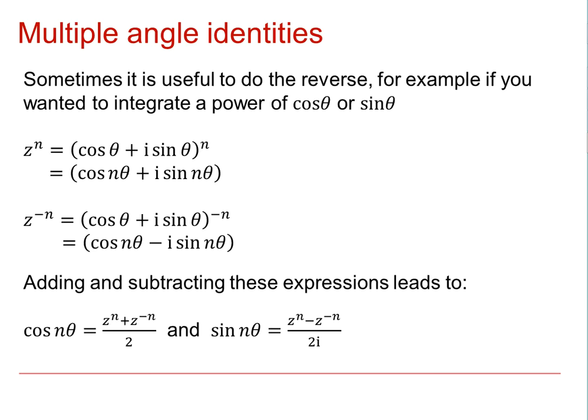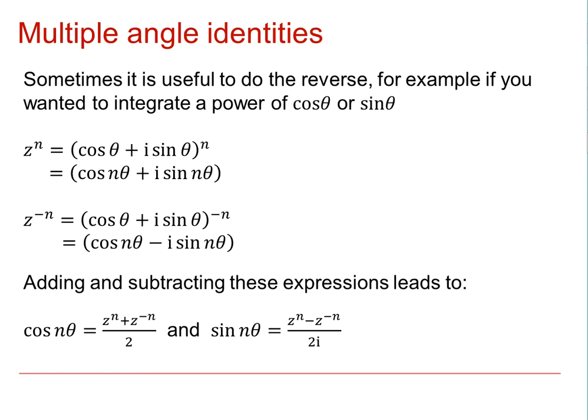Sometimes it is useful to do the reverse, particularly if you want to integrate a power of cos theta or sine theta. Reminding ourselves that z to the n using de Moivre's is cos n theta plus i sine n theta, while z to the minus n is cos n theta minus i sine n theta.